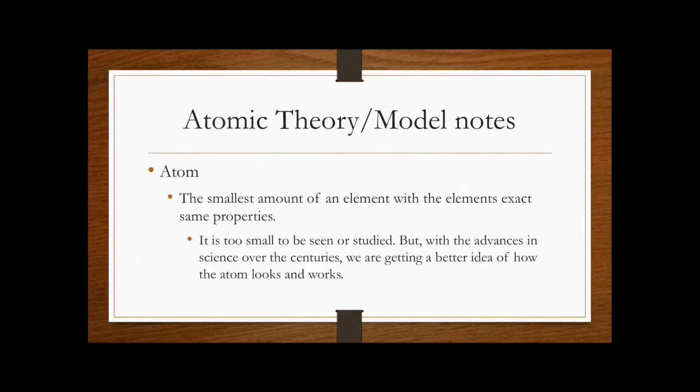So they have been too small to study. But with advances in science over these many centuries, we have been getting a better idea of how they look and how they work. So if you think back to last week when we talked about the history of the atom, you remember Democritus's model and how it was basically just a circle. You didn't see any detail.